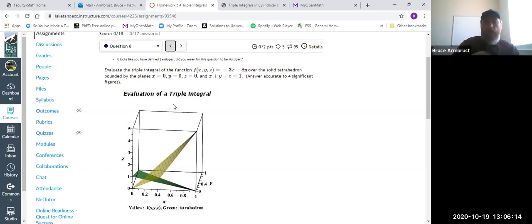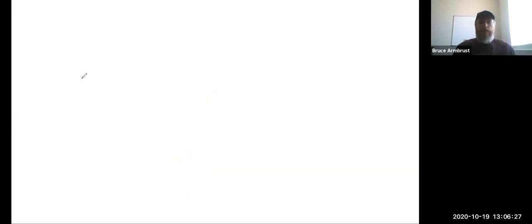All right, so let's go to the whiteboard. And for sure, the most important thing with any of these is to visualize the region where we're doing our integrals. All right, so let's start by drawing our coordinate system here.